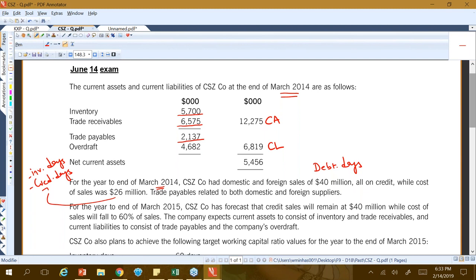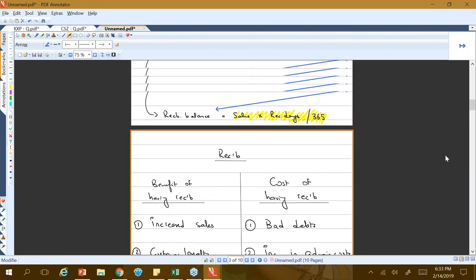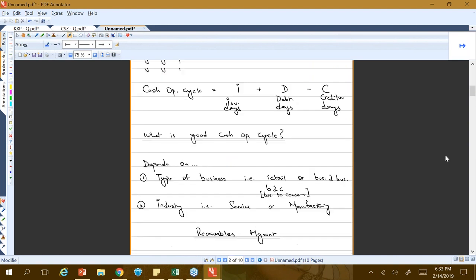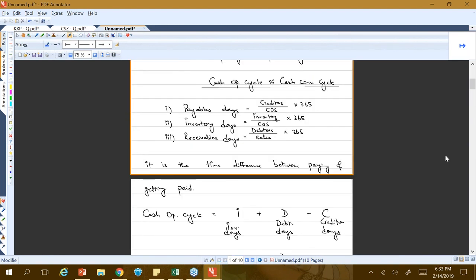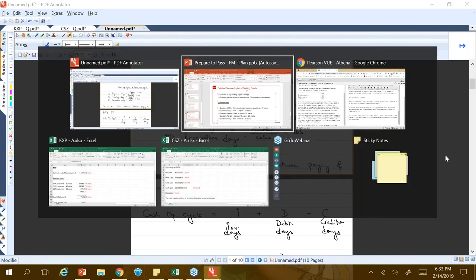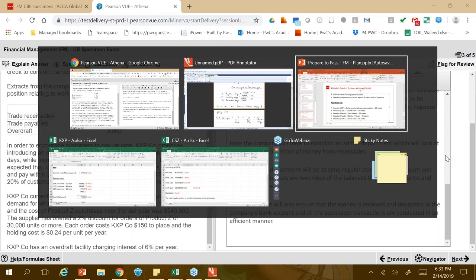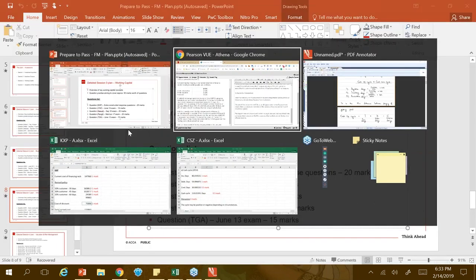So what I want you to do is to go to the calculation of the cash operating cycle. I want you to calculate for me the payable days, inventory days, and receivable days in this question. So let's do that together.